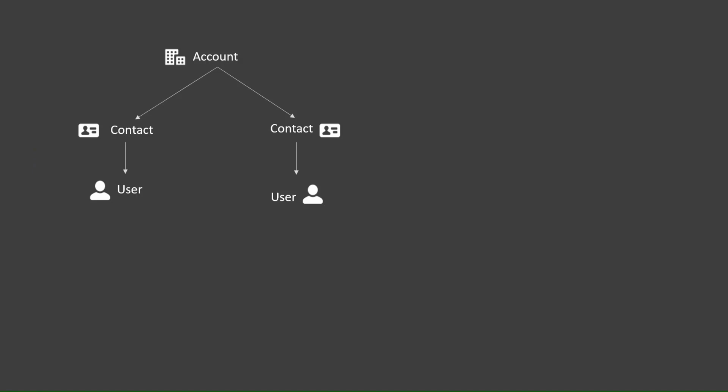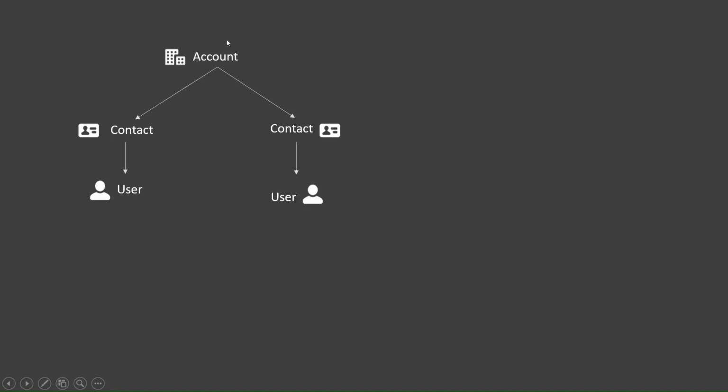Now, since we have understood how we can set up the community, let us try to understand how we have to set up the community users. In the previous lecture, we saw that in order to store the information of the companies which require the electricity, we need an account object, right?